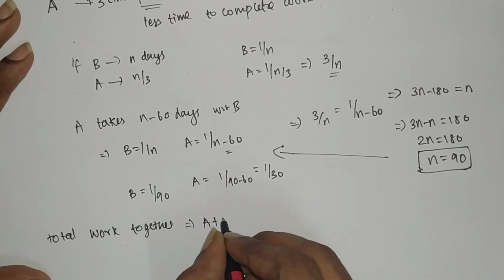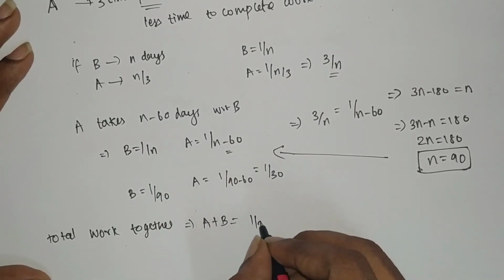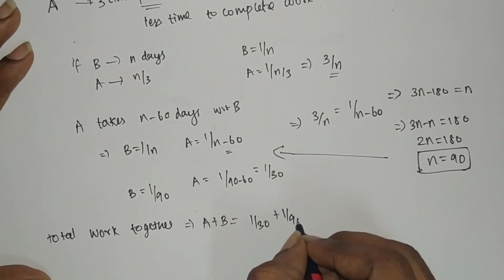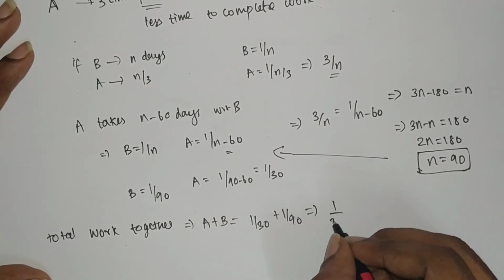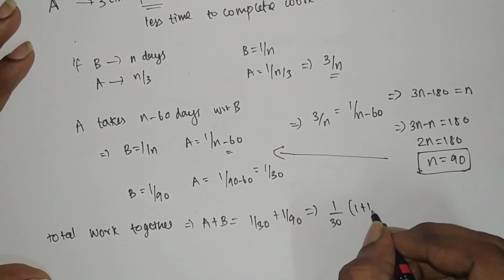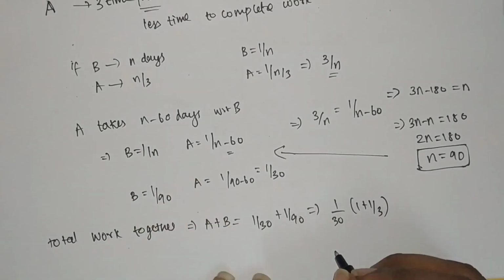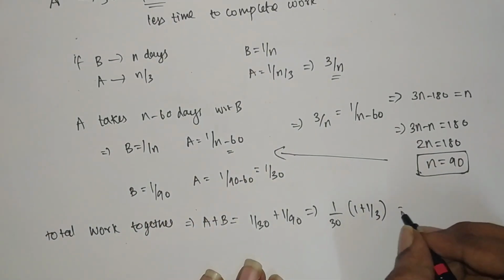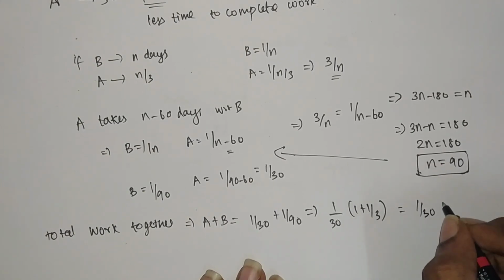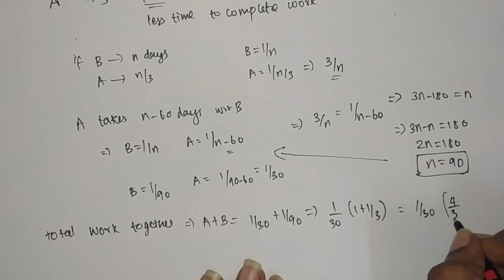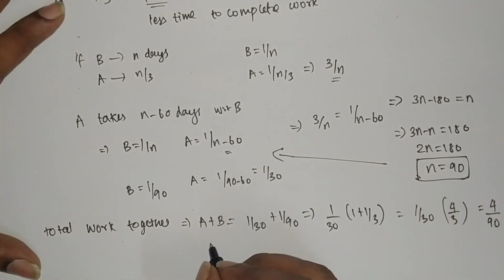Total work done together is A plus B, which is equal to 1 by 30 plus 1 by 90. 1 by 30 is common, so 1 by 30 into 1 plus 1 by 3. Solving this equation, 1 by 30 into 4 by 3, which is 4 by 90.